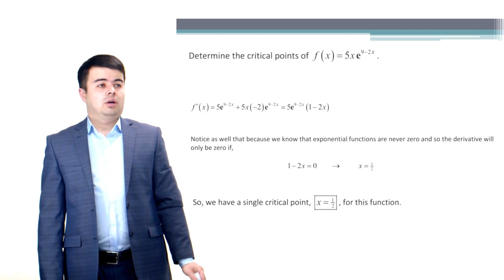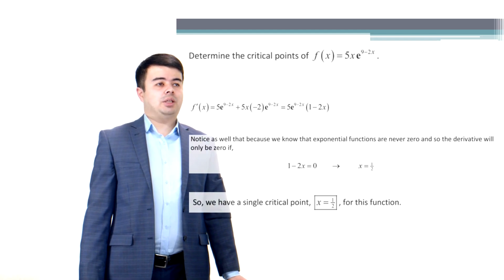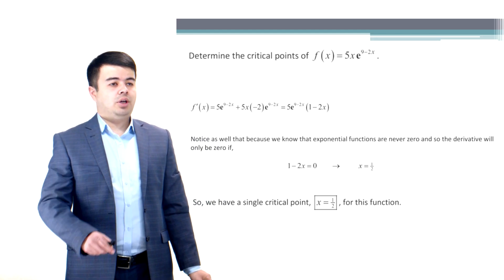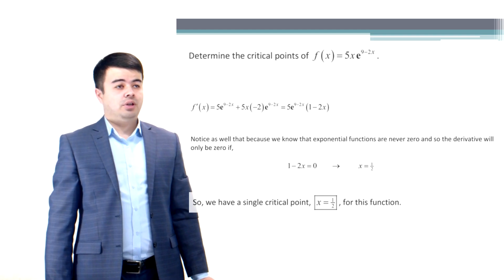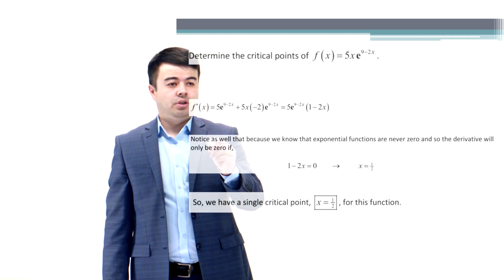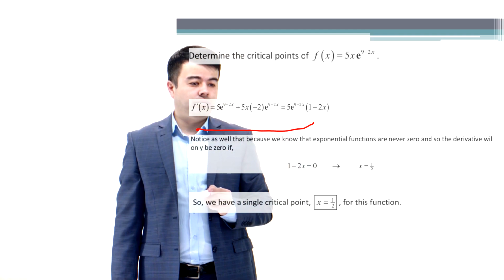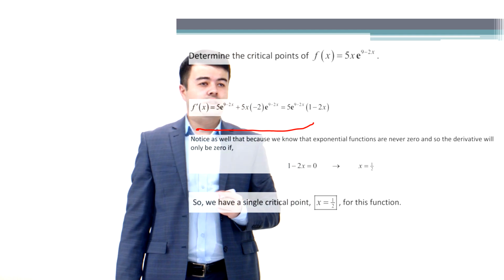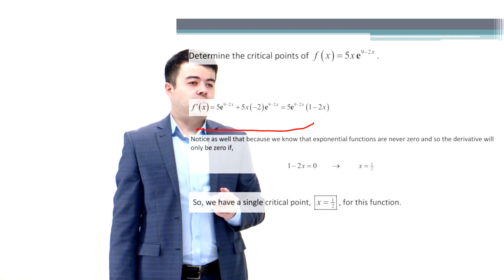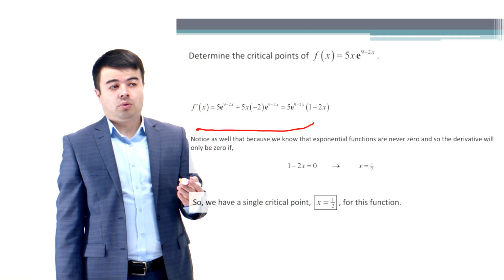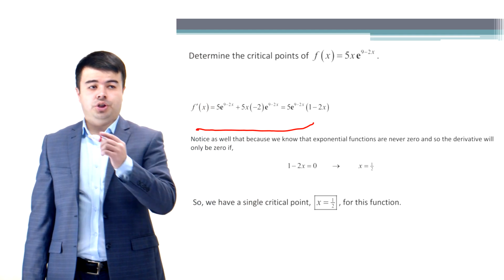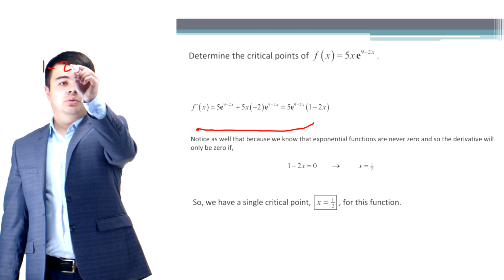Okay, now the next function, an exponential function, and again find the derivative. After finding the derivative, we get this kind of equation. This equation tells us the exponential function cannot be 0, so we have only one equation, 1 minus 2x equals 0.